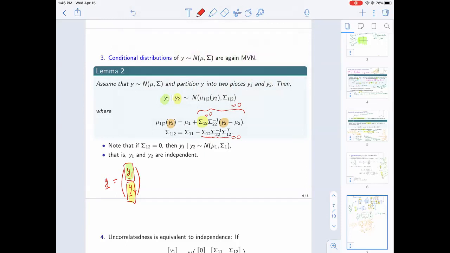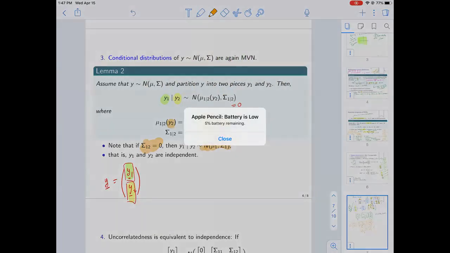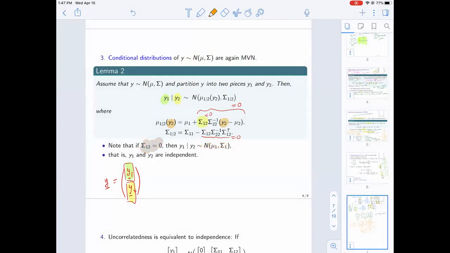This result is important because it shows that in this case, when this is 0, the conditional distribution of Y1 given Y2 does not depend on Y2. It's just the same as the marginal distribution of Y1. In other words, in this case, Y1 and Y2 are independent.